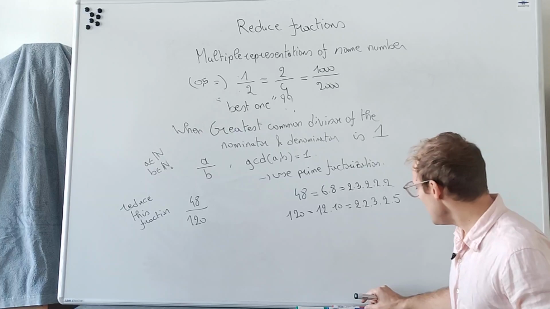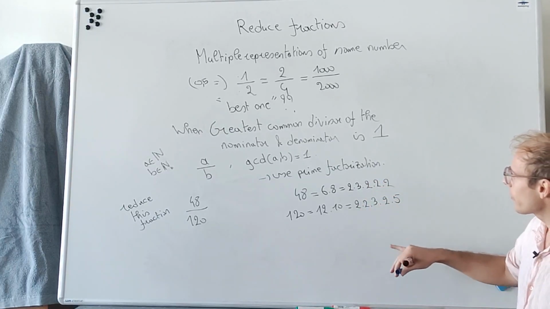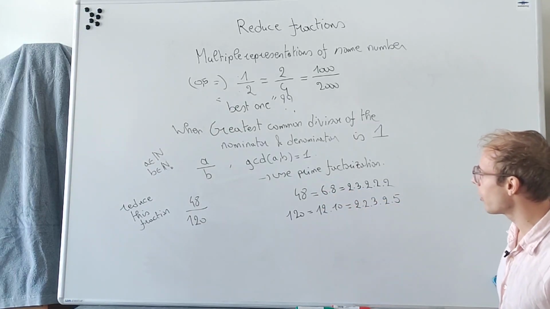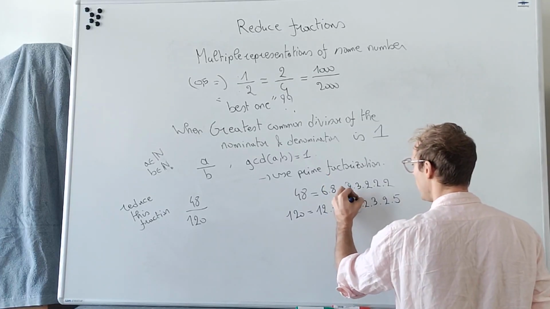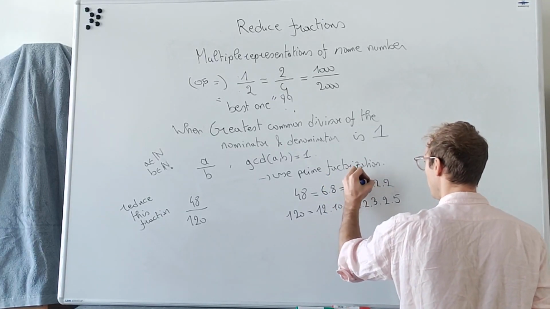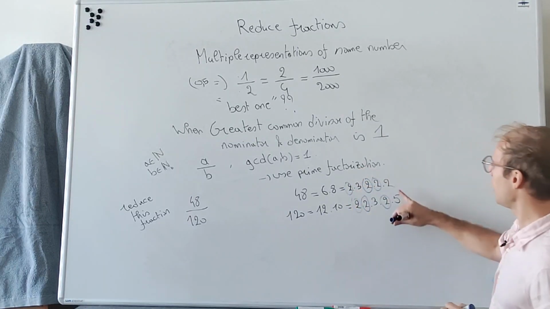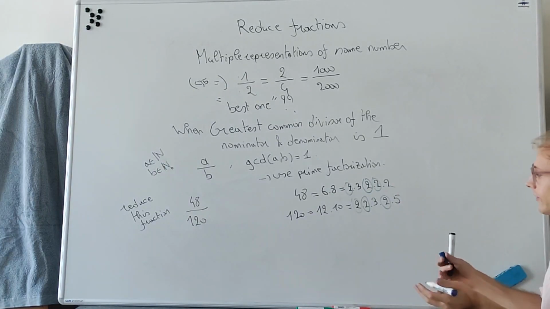So we can now easily read off which prime numbers are a factor of both 48 and 120. There is a 2 here and a 2 here, another 2 here and another 2 here, and a third 2 here that also appears here. The fourth factor 2 does not appear in 120, so that stops.